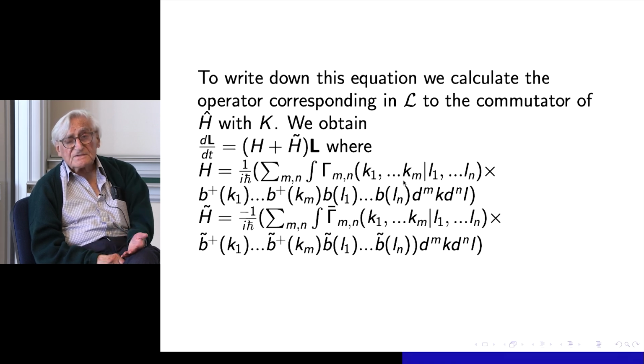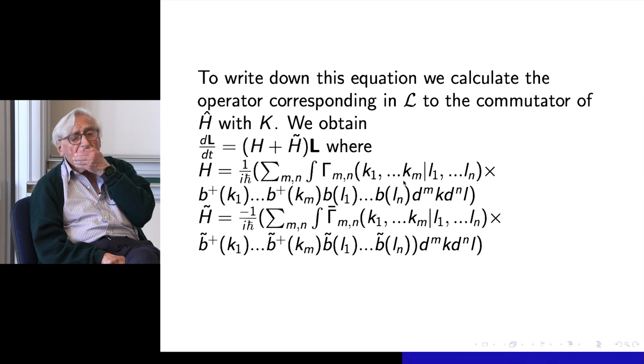But if you would like to work in infinite volume, you can work in Fock space in finite volume. However, in infinite volume, you cannot work in Fock space, and so your operator is not well defined.